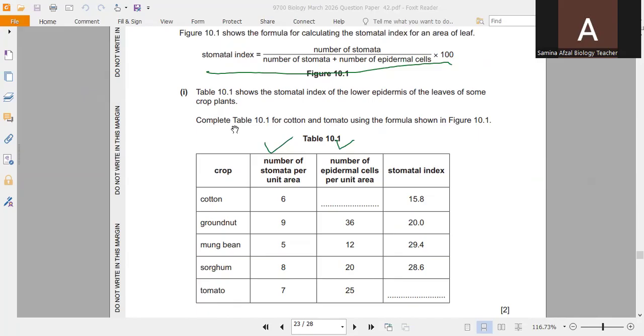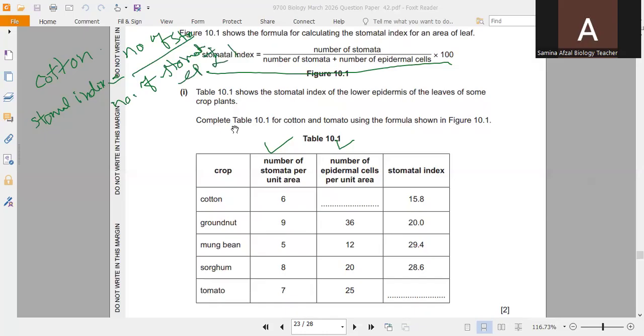First, the stomatal index for cotton. Stomatal index is equal to number of stomata divided by number of stomata plus epidermal cells, multiplied by 100.